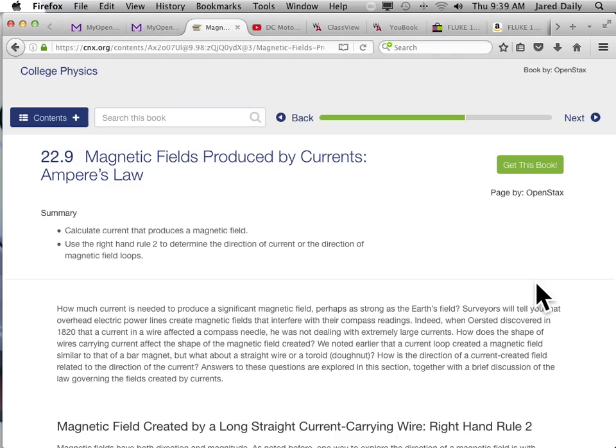Okay, now we move on to a new law, Ampere's law. So far, we have talked about a couple of different things related to some laws that are very important in physics. We've talked about electric field.